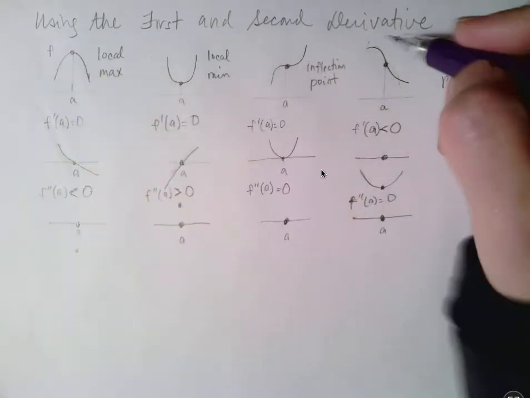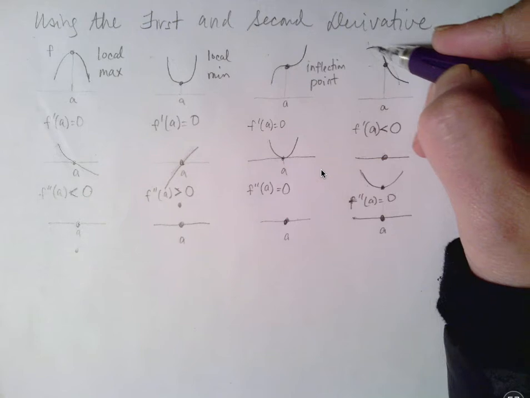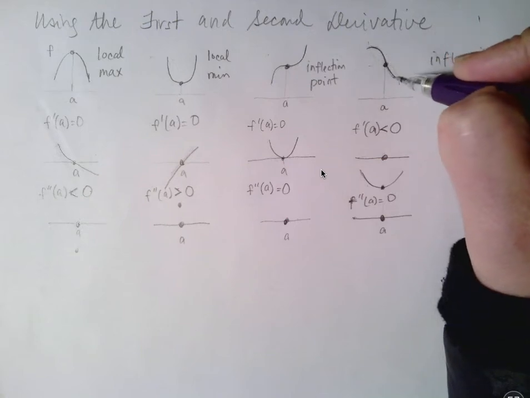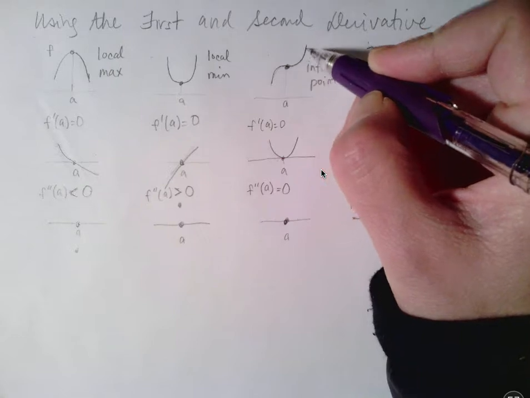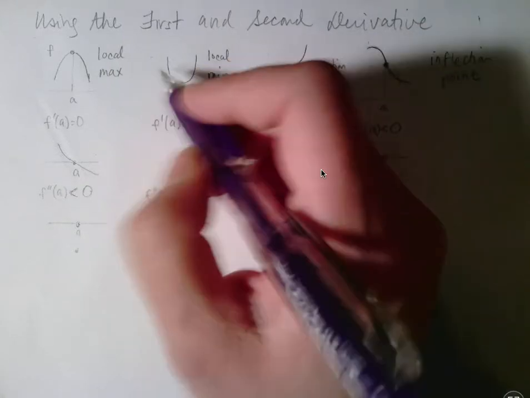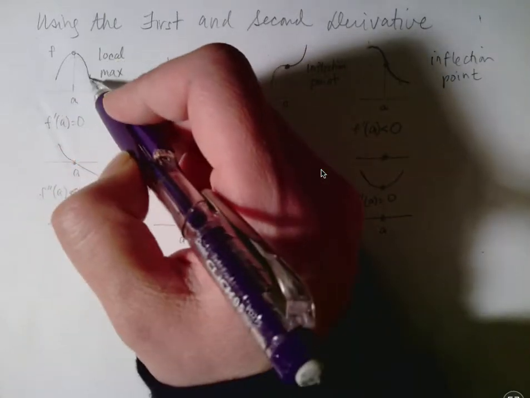But the concavity changes. From here to here, the concavity is down. Concave down switches to concave up. Here the concavity is the same, it's all concave up, and here it's all concave down.